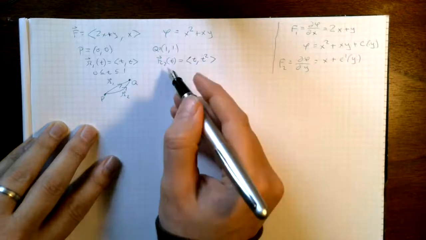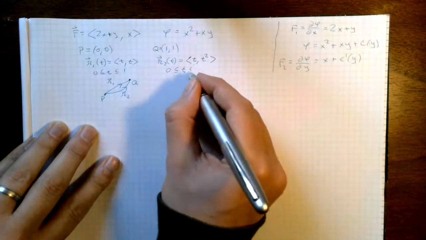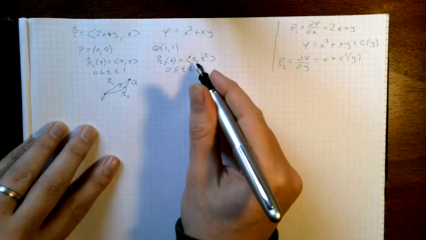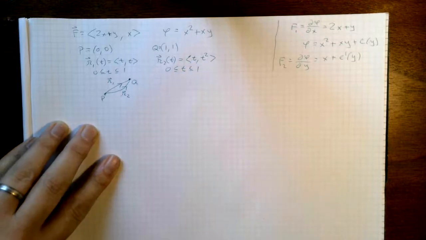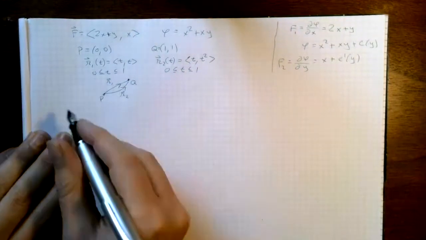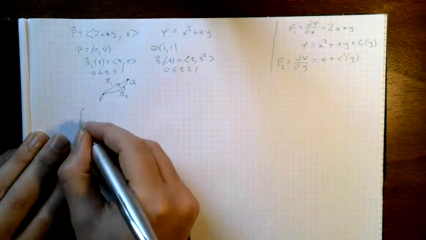Again, this is the same as before, t from 0 to 1. When t is 0, I get (0, 0). When t is 1, I get (1, 1). All right, so let's try to integrate along r1.